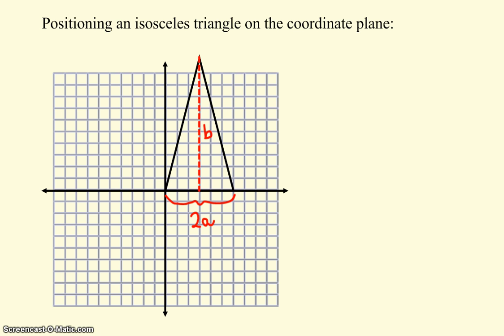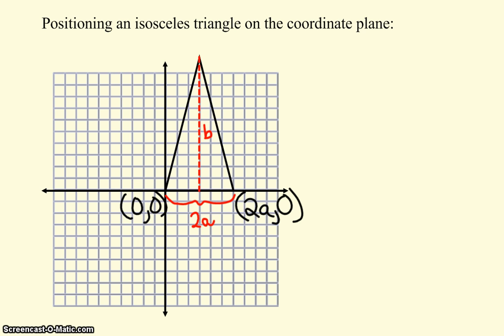Now, if the vertex is on the origin, the ordered pair of that vertex is going to be 0, 0. Since the length of the base of the isosceles triangle is 2 times a, the coordinate of the other end of the base is 2a, comma, 0.